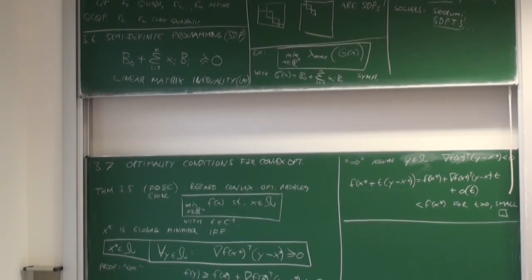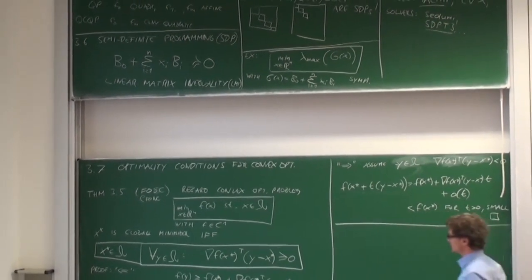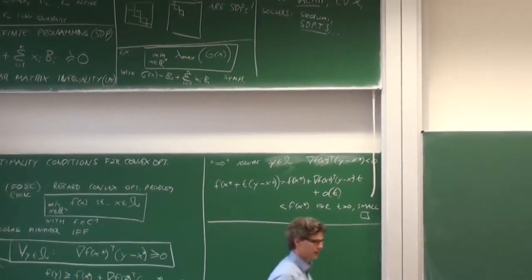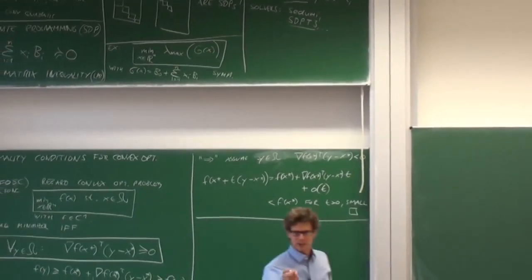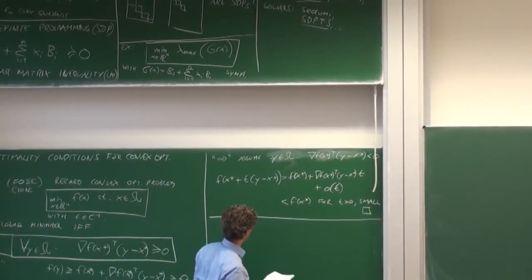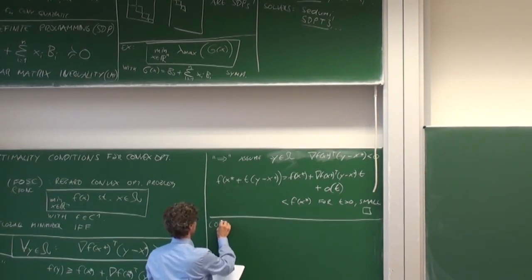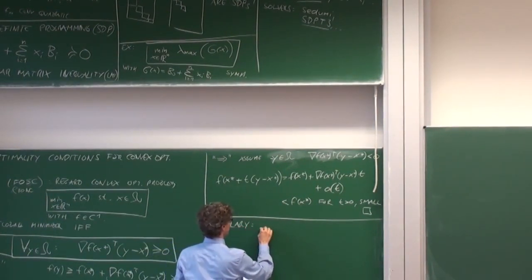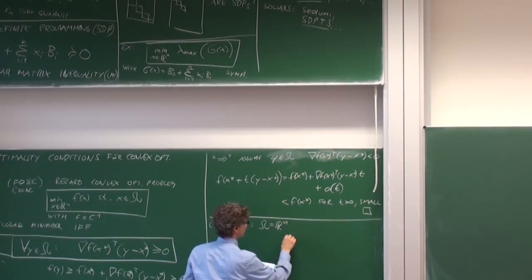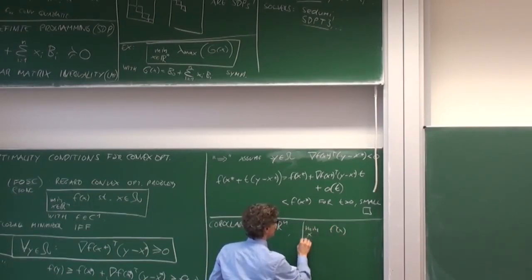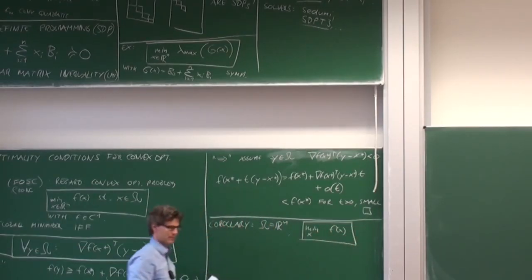So this is a C1 characterization of optimality, and of course, as I said already, we can easily specialize that to the case where we have the full space a solution. I call it a corollary. For omega equals Rn, we have the problem minimizing f of x. That's the unconstrained optimization problem.